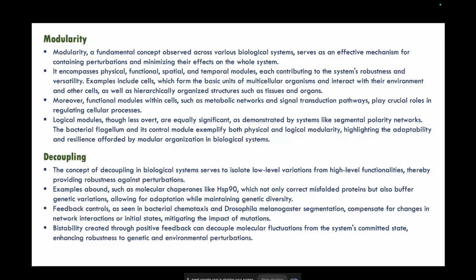And the concept of decoupling is basically to isolate low-level variations from high-level functionalities. For example, molecular chaperones, and this is a very important one, heat shock protein 90, which not only corrects misfolded proteins but also buffers genetic variations, allowing for adaptation while maintaining the genetic diversity.